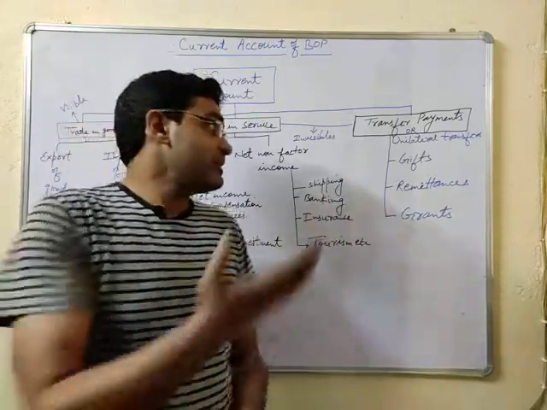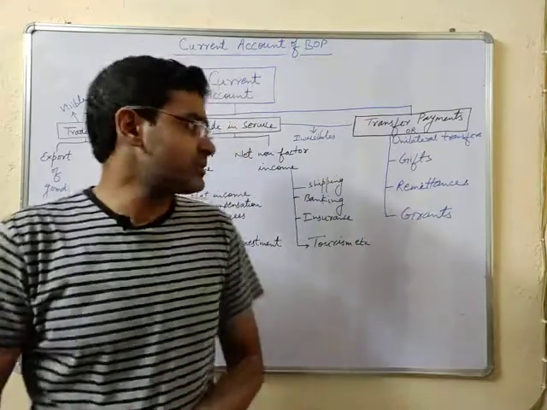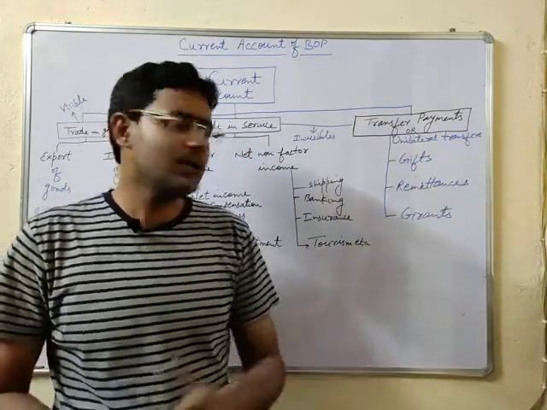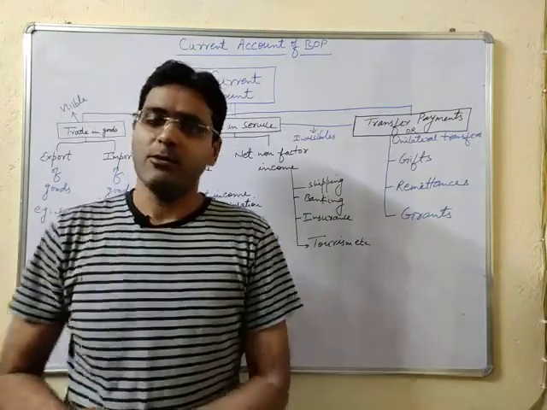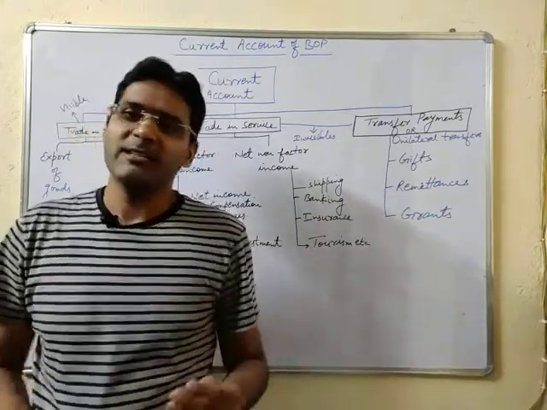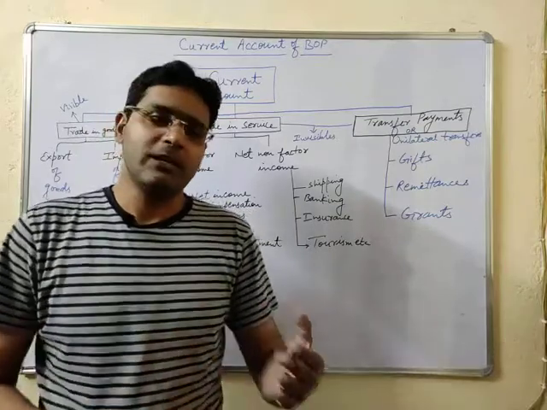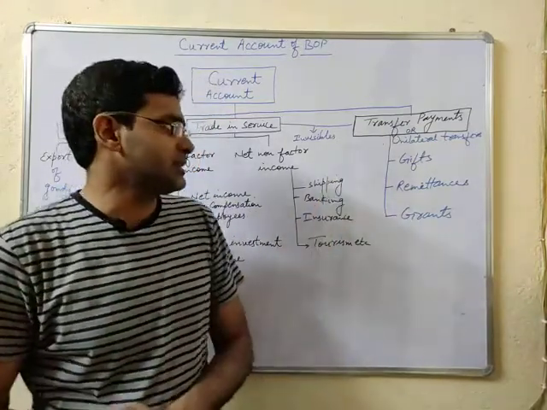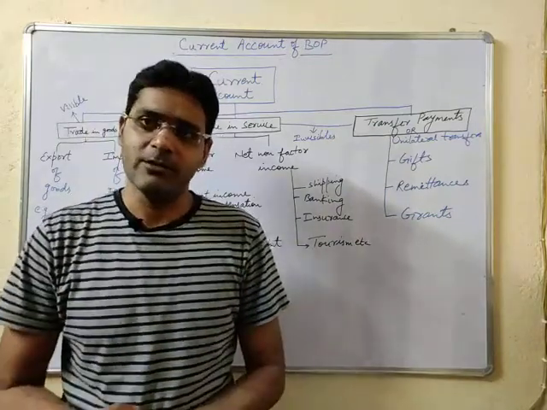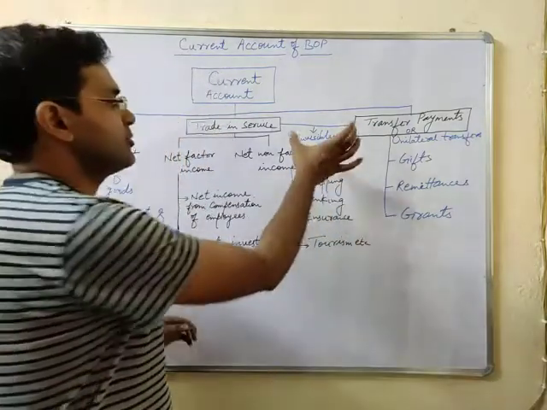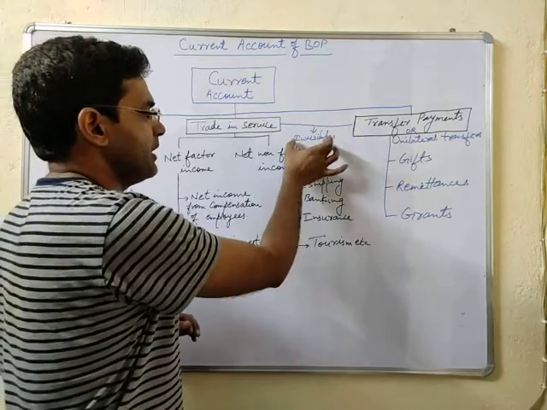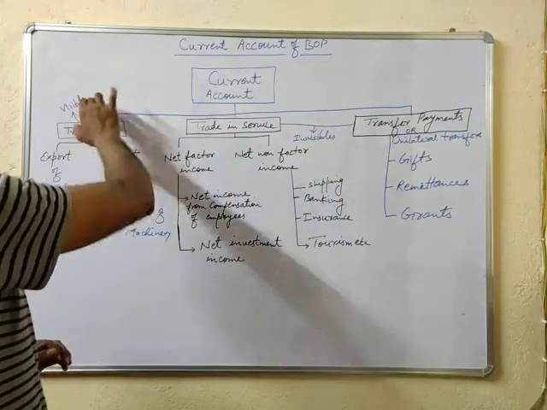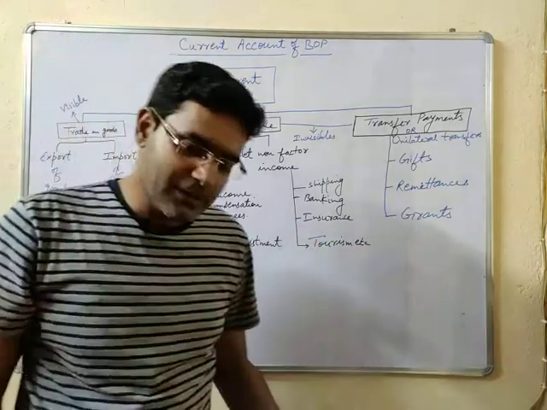Another example is gifts. The gifts which we get, the remittances, as I told you, which our relatives earn, and the grants also. The gifts, grants and remittances which we get without rendering any services are termed under transfer payments or unilateral transfers. These together constitute the part of invisible trade, and the trade of goods constitutes the part of visible trade.